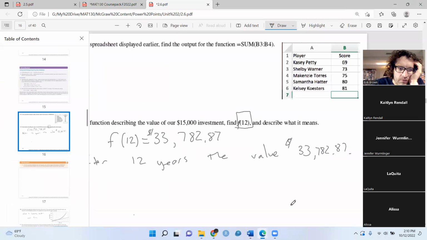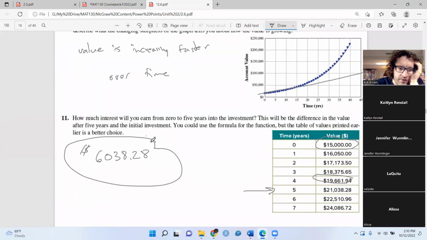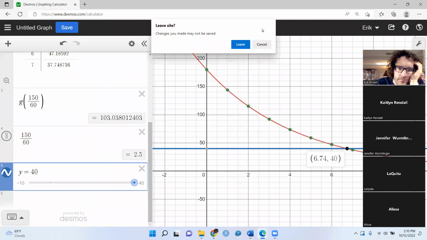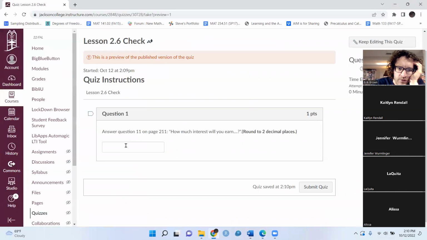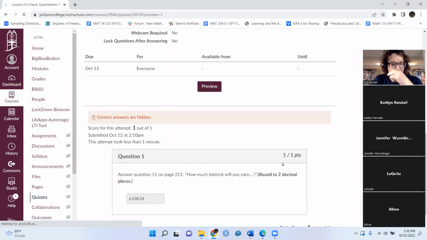Here it is. This is your answer: 60,38.28. So this is lesson check 2.6. 60,38.28. Round to 2 decimal places. Did I get it right?